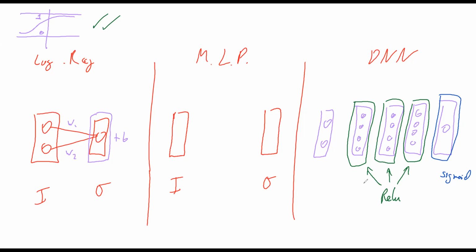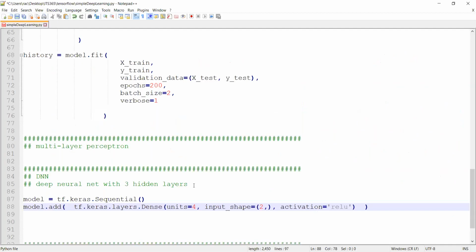So remember, this is the input, this is the output. We just defined that one. It has 4, and the input is 2. Now we need to define the next 2. Need to define this one and this one. So to do that, we are going to just add another layer.